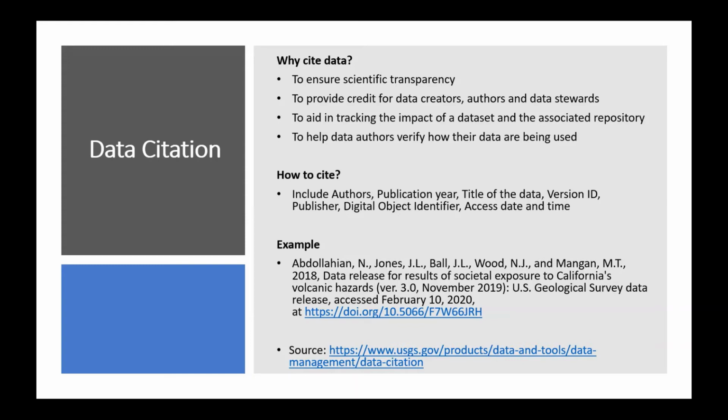And how to cite, here's one example. If the data set has a persistent identifier, you can cite it just like an article. Okay, so you should include the authors, publication year, title of data, version ID, publisher, and the identifier, and access date and time. So this is very similar to citing an article.